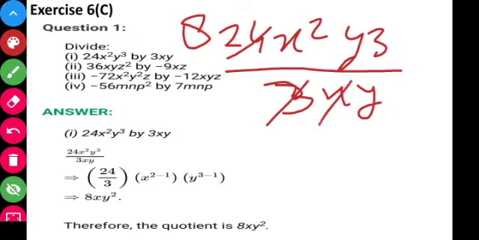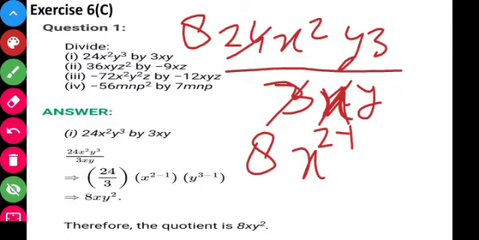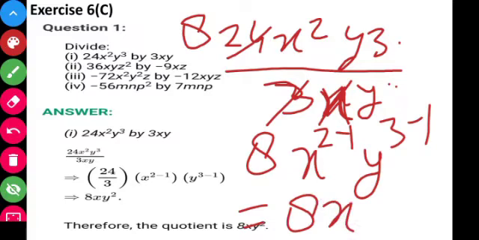And x is in the denominator, so you can write 8, and this x will go upside, then its power will be negative, so x to the power 2 minus 1. Understand? And y to the power 3 minus 1, because here y cube and here y to the power 1 only. So it will be 8, x to the power 2 minus 1, only x, and y to the power 3 minus 1, that means y square, so the answer will be 8xy square. Understand? So try to understand here.